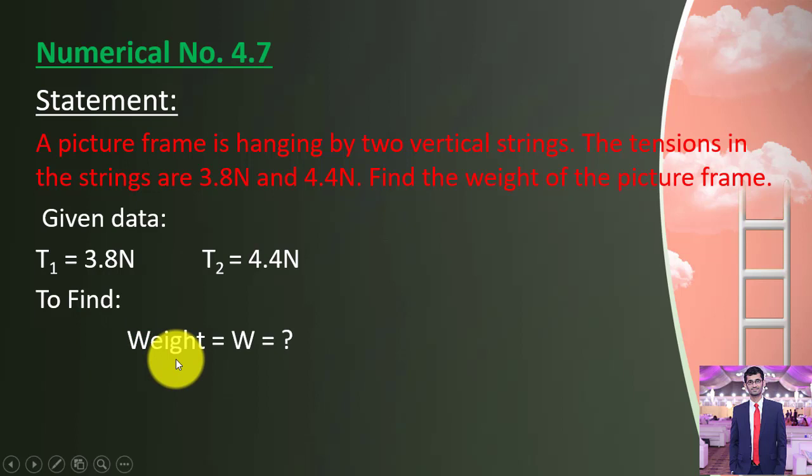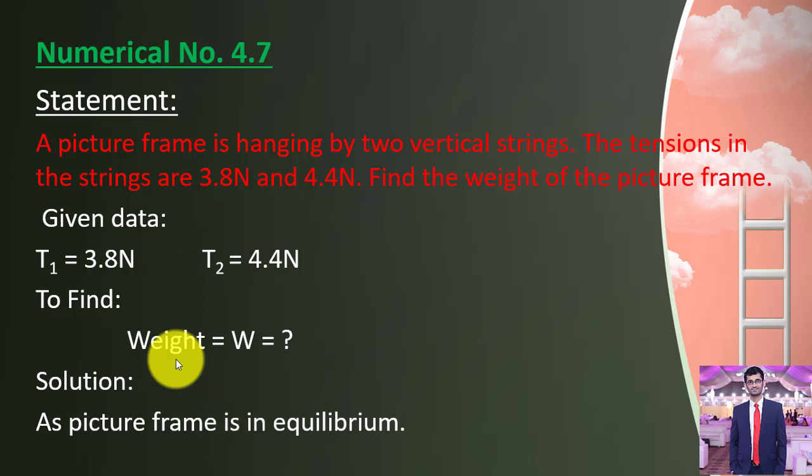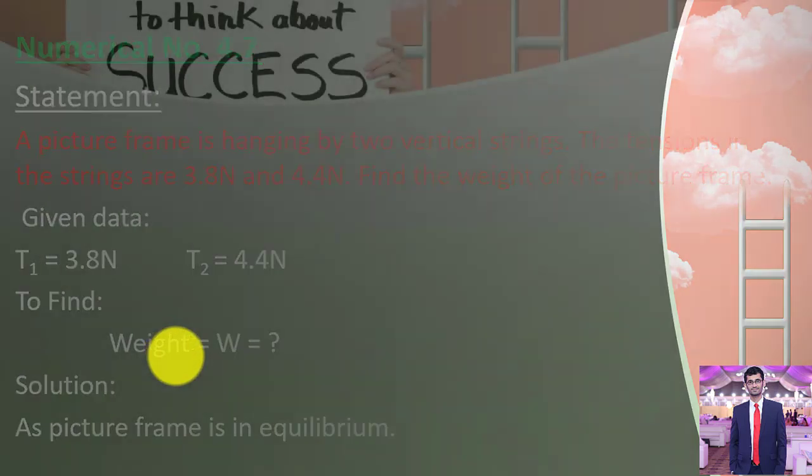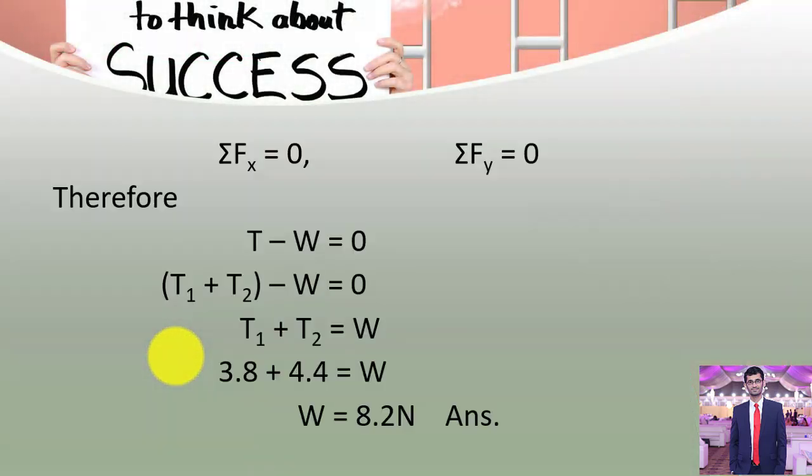For that purpose, using the formula, we know that when the picture frame is in equilibrium, then sigma Fx and sigma Fy must be equal to 0.